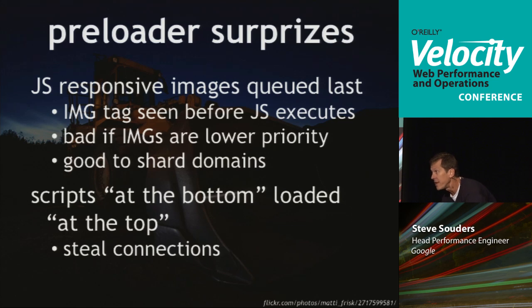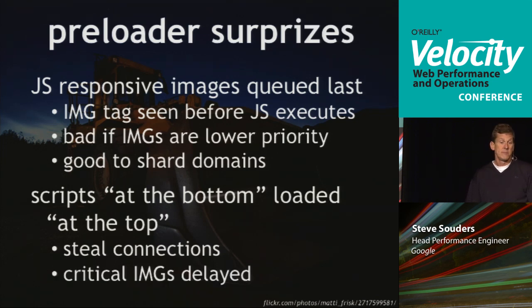It's okay with me if you download them last, after everything else. But now they've been promoted in the download order, because generally scripts have a higher priority. And so they might steal connections from other resources that are more important, especially images, because images, as I mentioned before, have the lowest download priority, lower than scripts and style sheets.